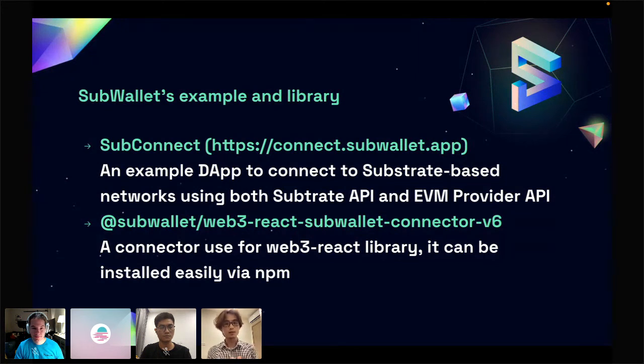The first one is Subconnect, which is an example DApp to connect Substrate-based networks using both Substrate API and EVM providers, so that you can easily test to see if it works or what we are currently supporting right now with Subwallet.